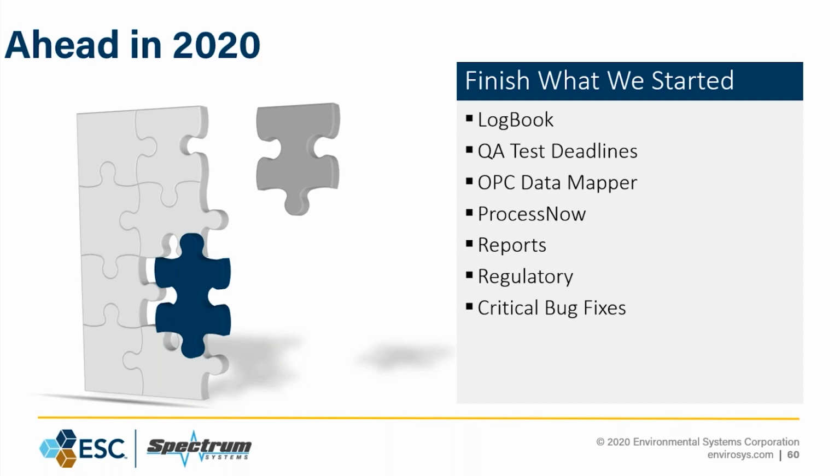And reports, always regulatory, depending on any changes from the EPA that we need to address. And of course, any critical bug fixes that come to our notification. So those are what we'll be looking ahead for.